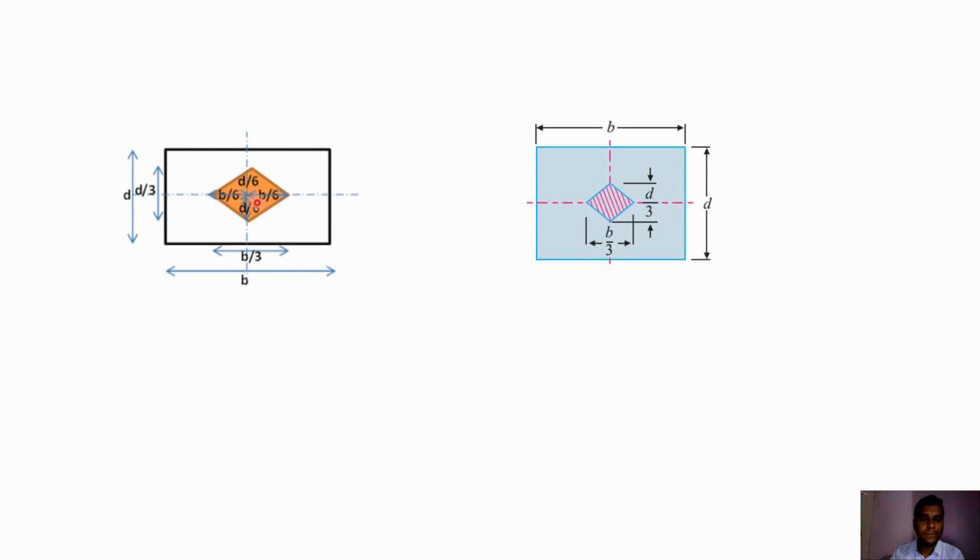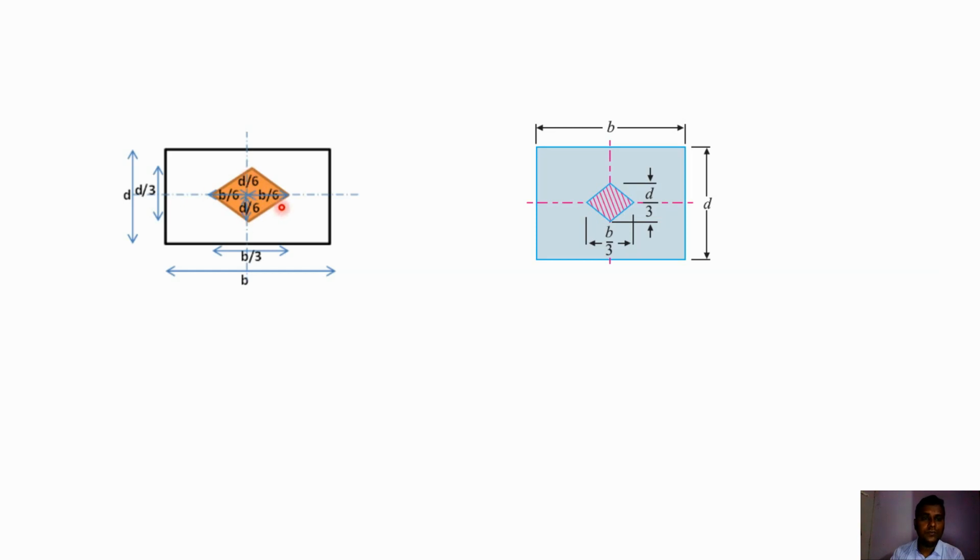So within this region, when we place a load over this axis, that is b by 6 and b by 6, the stresses will be compressive in nature. Similarly, on this axis it is at d by 6 and d by 6.